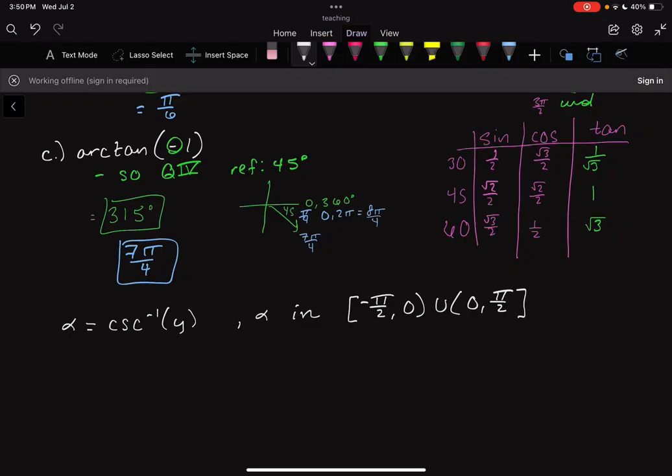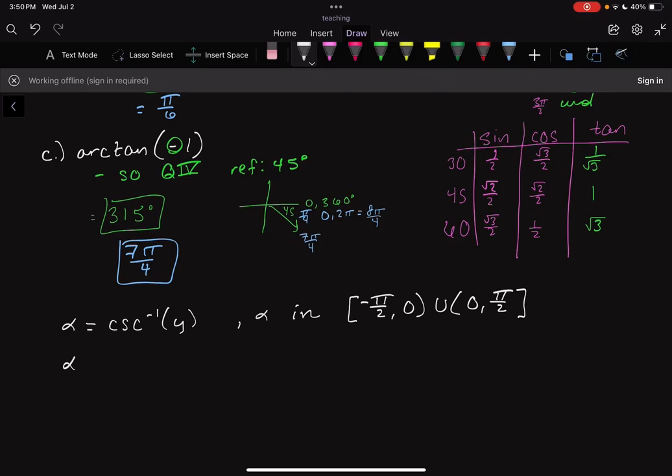Really, it's just like sine. So you see the negative pi over 2 to pi over 2. It's just that there's a break in the middle of it at 0 because cosecant is undefined right there. Because you have to remember, cosecant is 1 over sine. Sine is 0 at 0. So if it's 1 over 0, you're getting an undefined value right there.